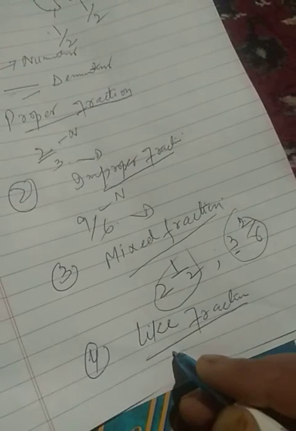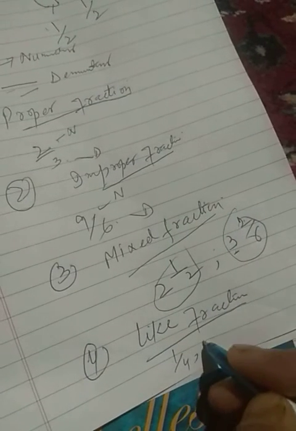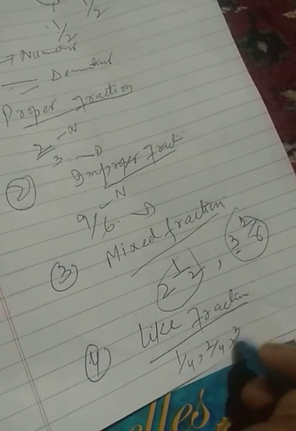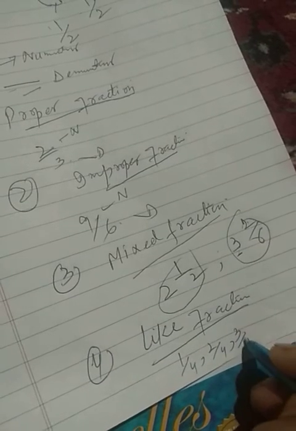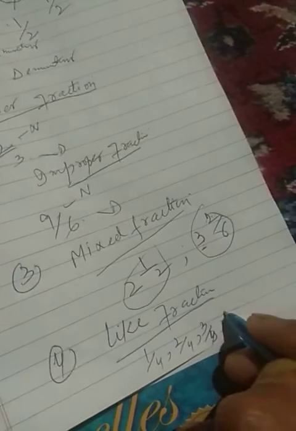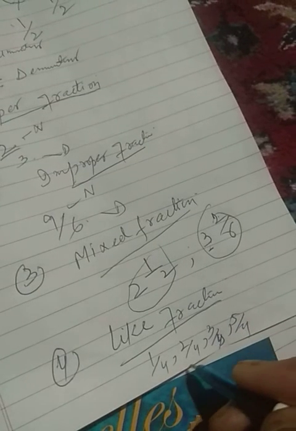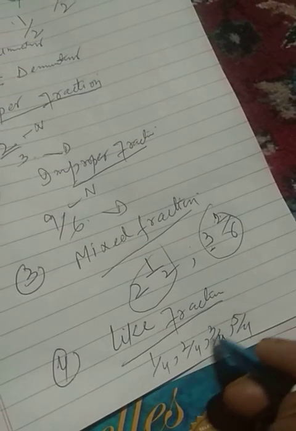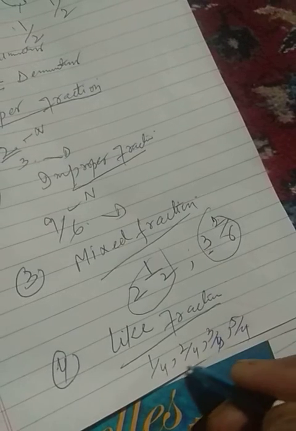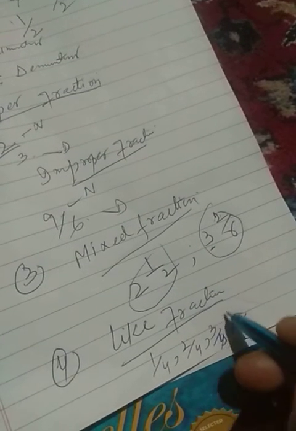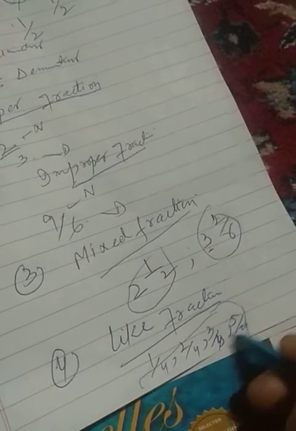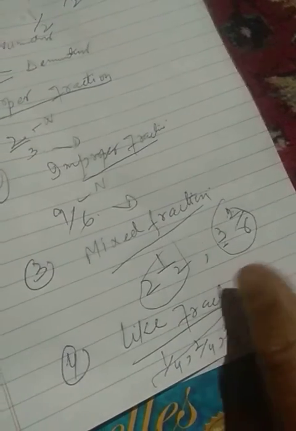For example, 1 by 4, 2 by 4, 3 by 4, 5 by 4. Now we see over here that their denominators are the same. They have the same denominator, that is 4. So these kinds of fractions are called like fractions.